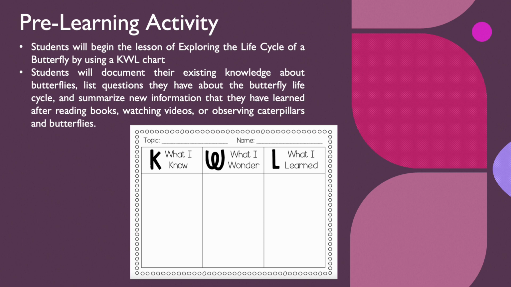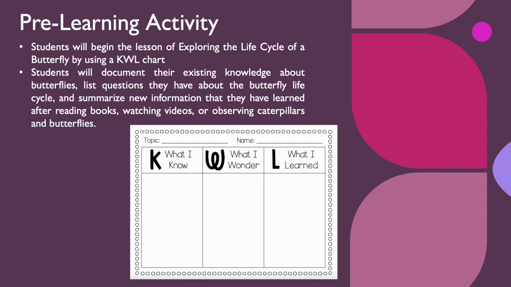Students will begin the lesson of exploring the life cycle of a butterfly by using a KWL chart. Students will document their existing knowledge about butterflies, list questions they have about the butterfly life cycle, and summarize new information that they have learned after reading books, watching videos, or observing caterpillars and butterflies.